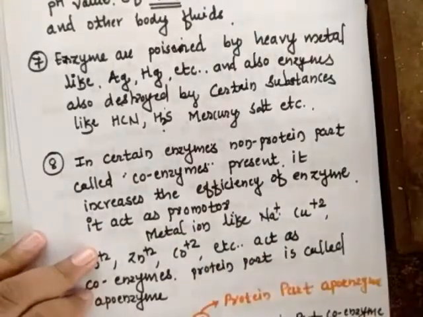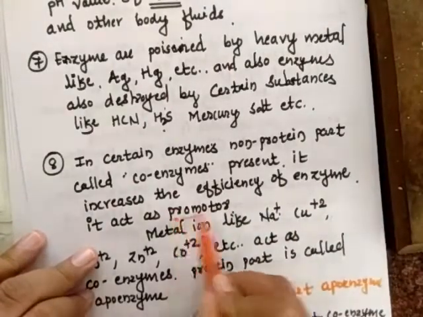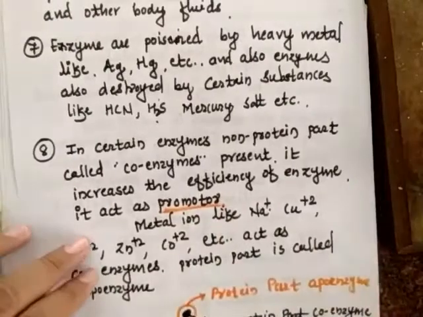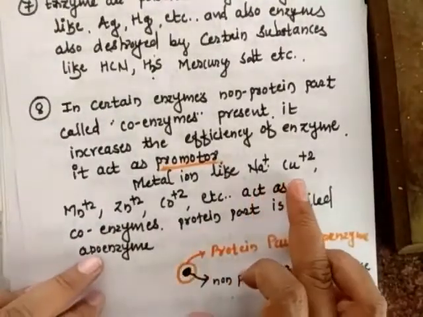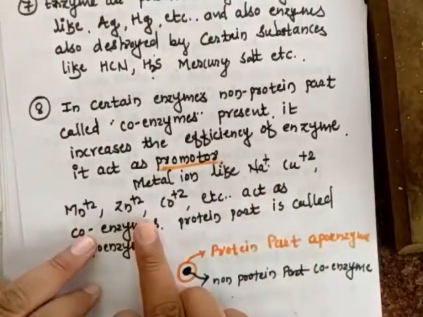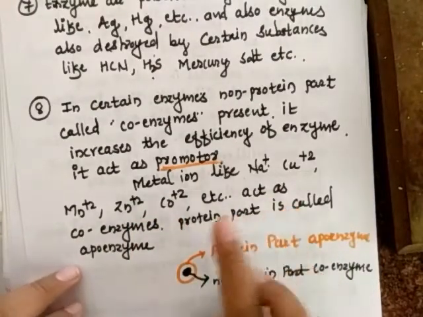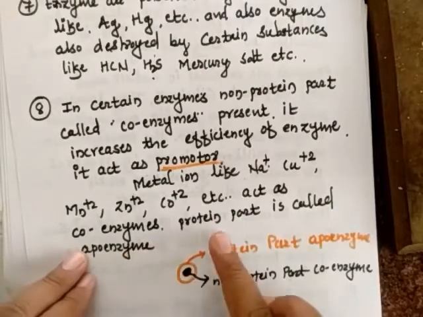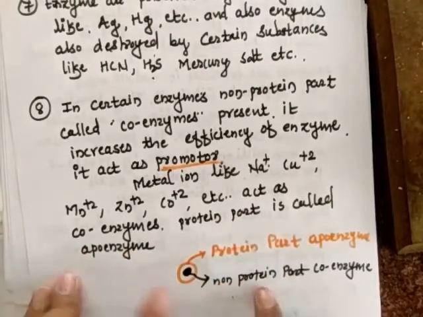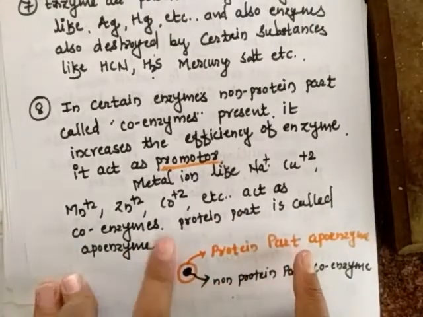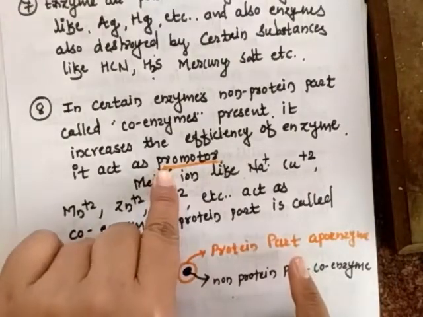It is also called a promoter. Metals like Na+, Co2+, Mn2+, Zn2+, etc. can act as coenzymes. And the protein part of the enzyme is called the apoenzyme.